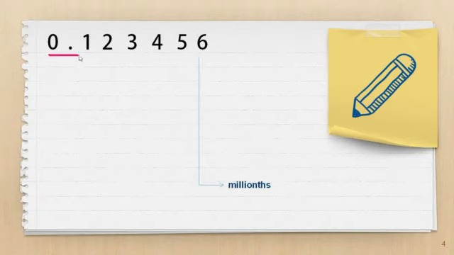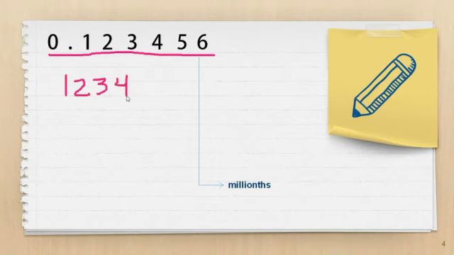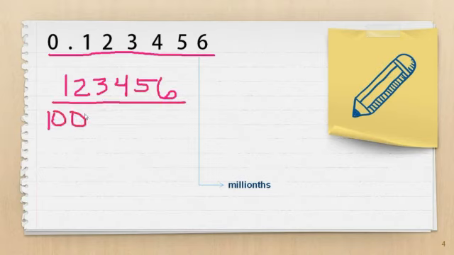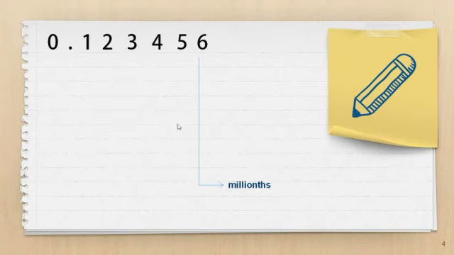If I have 0.123456, we read it as 123,456 millionths. Converted into a fraction, that's 1, 2, 3, 4, 5, 6 over 1 million. Okay, so that's it. Those are the place values.